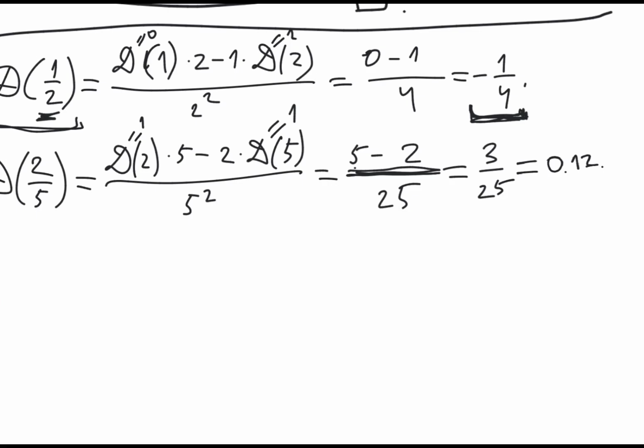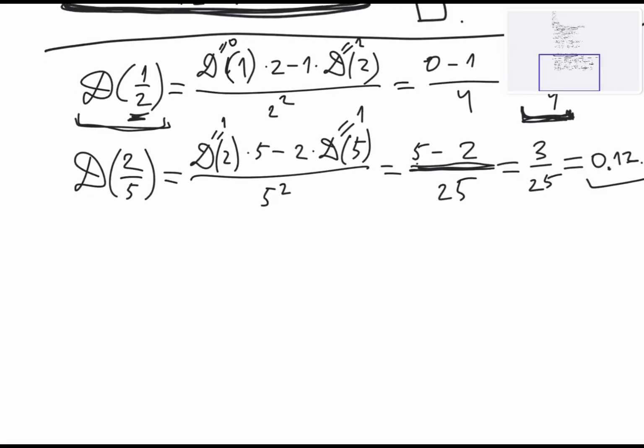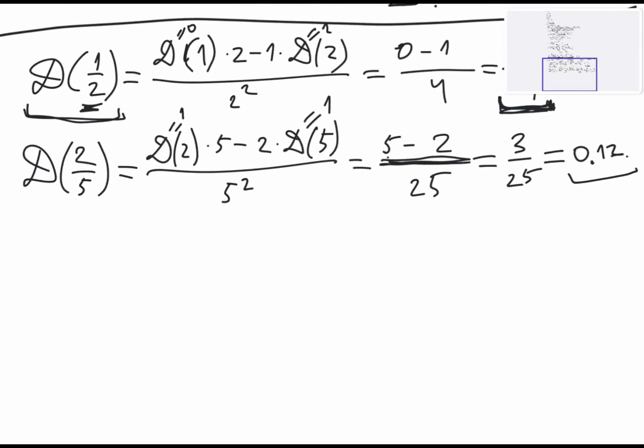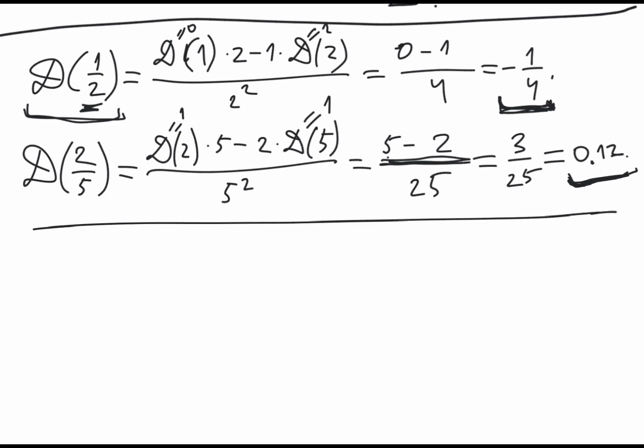Because if we multiplied both numerator and denominator by 4, we would get 12 over 100, which is exactly 0.12. So we see that d of 2/5 is also naturally not an integer, and we can calculate it. So this way we can calculate the arithmetic derivative of any rational number. Yeah, so that's it for this video.